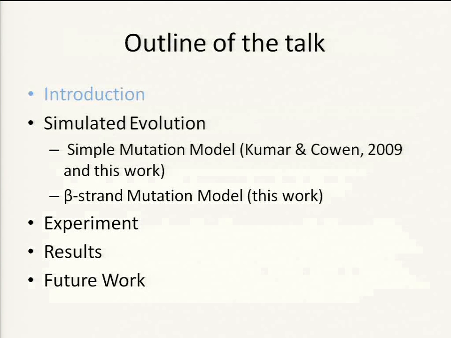Here's the outline of my talk. Given an problem, we'll look at the two models of simulated evolution. First, the simple mutation model which we introduced in 2009. Then we'll look at the beta-strand mutation model, which is this work. We'll look at the experimental setup, go over the results, and talk about directions for future work.